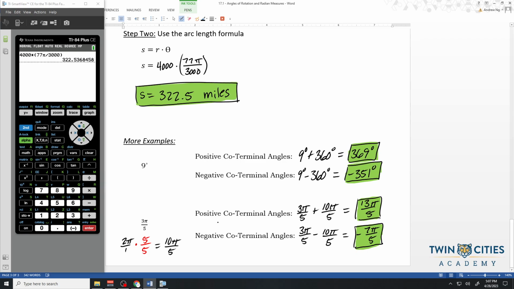Positive just means greater than 0. So as long as your answer is greater than 0, it'll be positive. Negative, of course, means less than 0. So if you start with something greater than one full rotation, you can subtract that rotation, find something that's positive, and then keep subtracting until you end up with something negative.